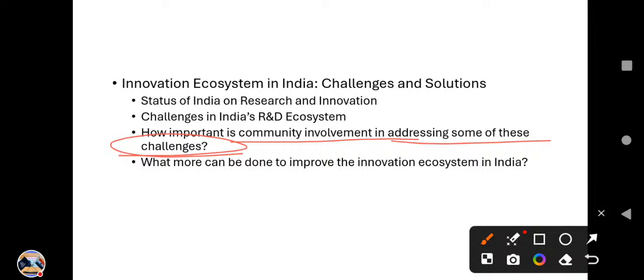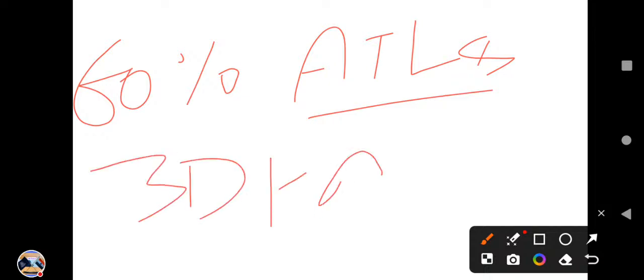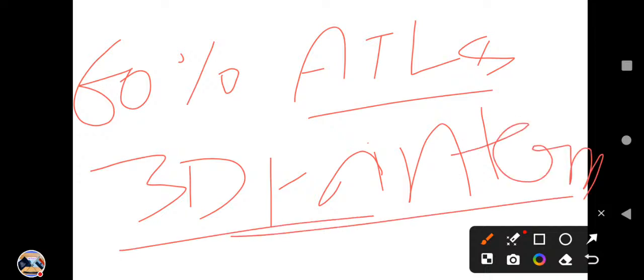You should remember that 60% of Atal Tinkering Labs are established in rural areas, and they ensure that innovative infrastructure remains functional and accessible, especially where resources like 3D printers are shared. Okay, my handwriting is very bad. So you should manage this.